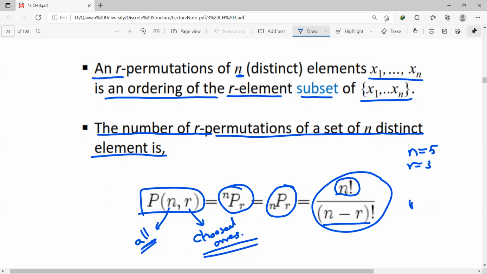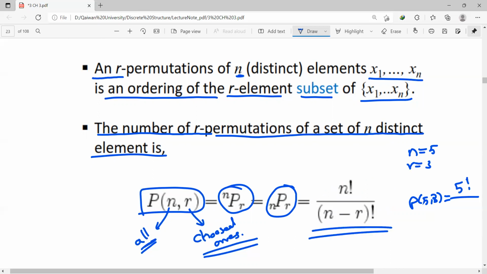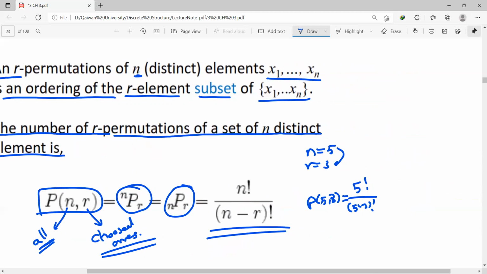We say P of 5 and 3 equals what? It equals n factorial, which is 5 factorial. You must memorize this rule. It's n factorial divided by n minus R factorial, which is 5 minus 3 factorial.